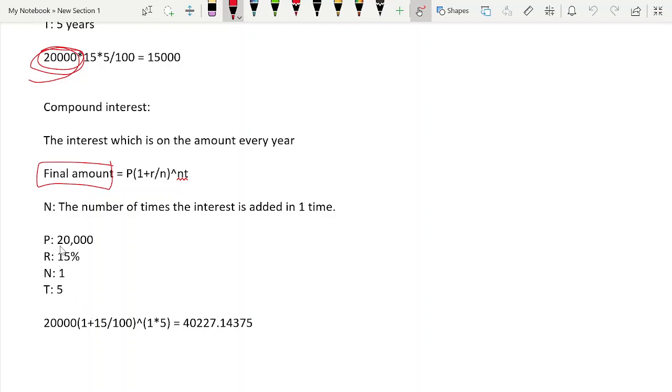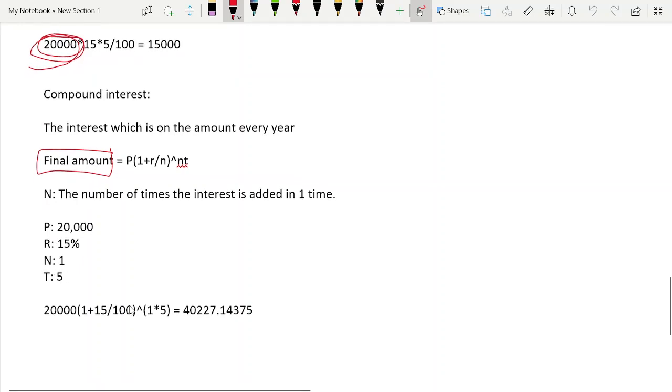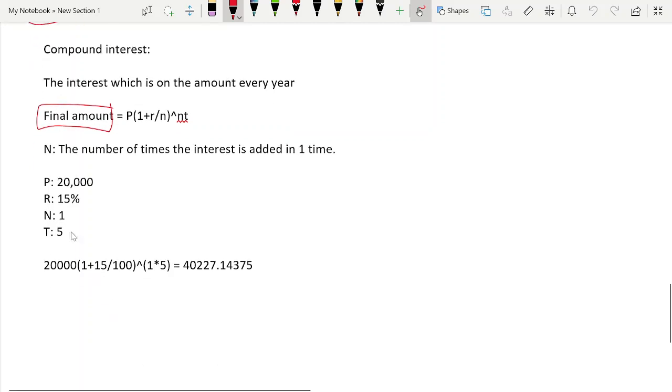So we have the P, which is $20,000. We've got the rate of interest, 15%, and we've got the N, which is only once, because we're not doing twice in a year. And you've got T, which is the time period, which is going to be 5. So time.